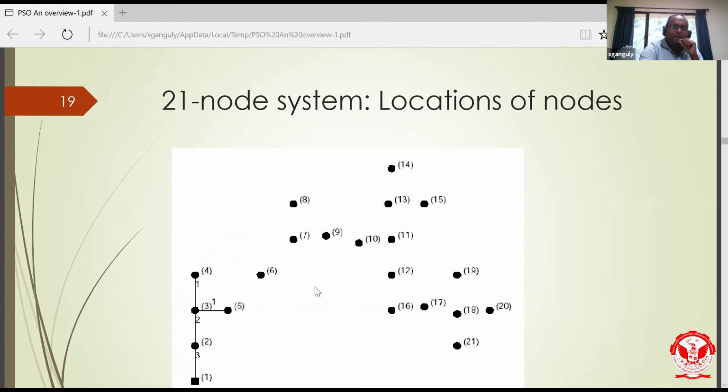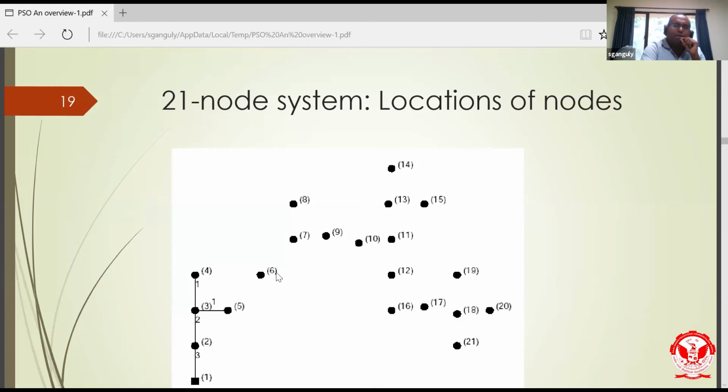This is one of the objectives I have shown you, the total installation and operational cost. Another objective is to connect it in such a way that the reliability of the network will be higher. If reliability is good, then you can expect less power interruption. So this is what the planning problem is.